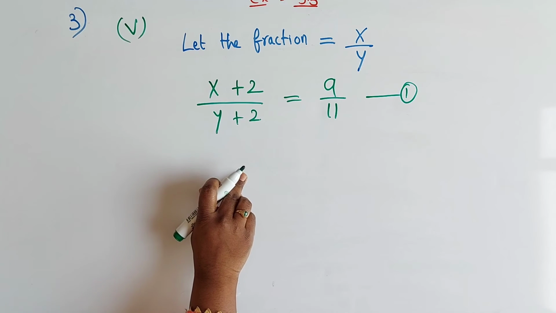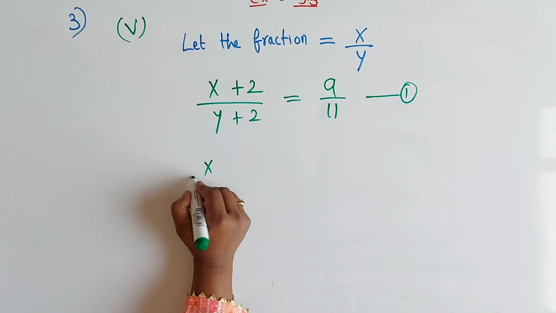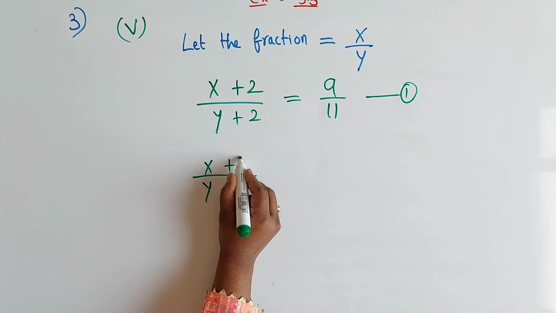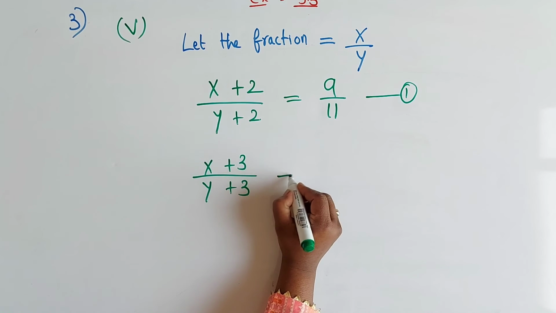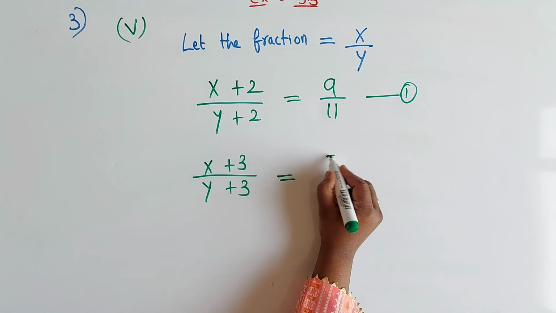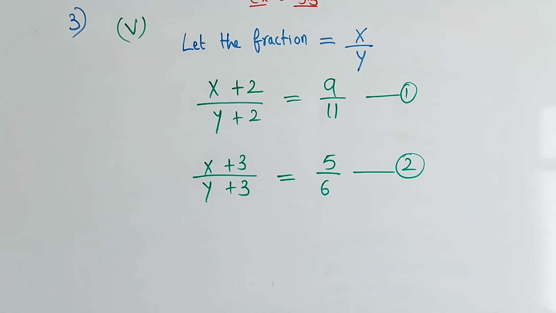Now what is the second one? If 3 is added to both the numerator and denominator, here you have to add 3 to the numerator and 3 to the denominator also. Then the fraction becomes 5 by 6. This is the second equation. Easy? Now we have to solve these two equations by the substitution method, children.